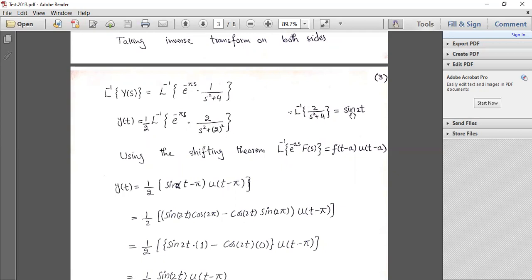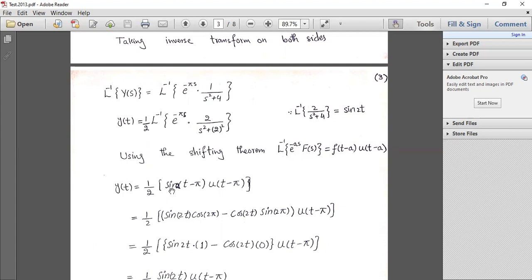This is f of t, sine 2t. So when we replace this by f of t minus a, and in the place of a, here you can see that this is pi. So when we use this shifting theorem, we get 1 over 2 into sine 2 into t minus pi u of t minus pi.